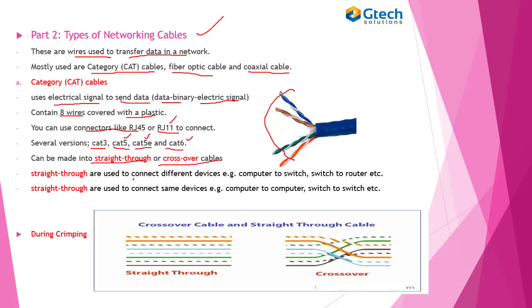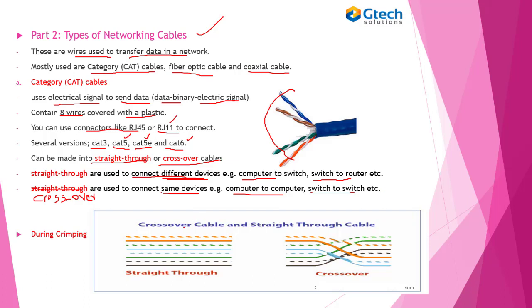Straight through cables are used to connect different devices, like a computer to a switch, a switch to a router, a computer to a router. Crossover cables are used to connect same devices, like a computer to a computer, a switch to a switch, a router to a router. You can name them same devices.